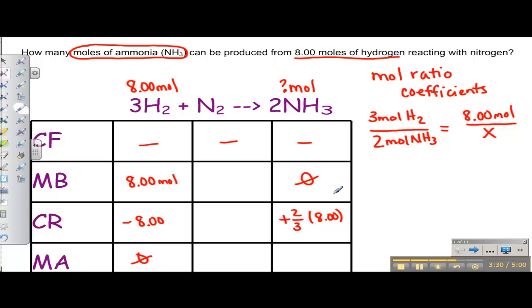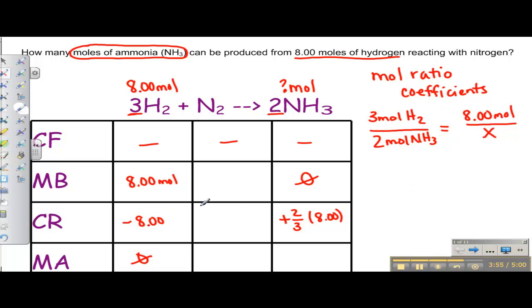When you look at your fraction, you don't have to do this every time. If you look at your coefficients and you put the coefficient of the column that you're in on top and the coefficient of the column that you started with on the bottom, times the number of moles, it'll give you all of this math without having to do it every time.